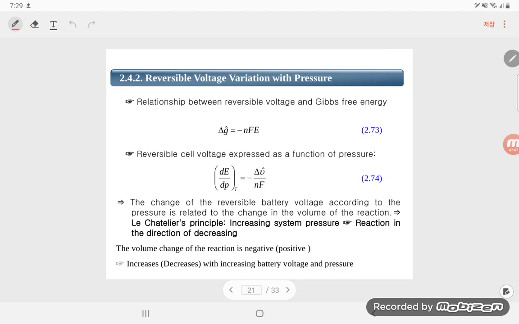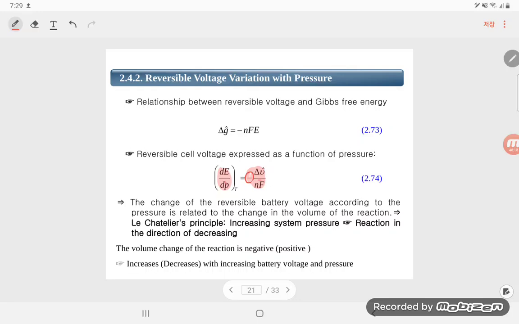And also the relationship between the reversible voltage and Gibbs free energy is this one. So when we use the reversible cell voltage, we can express the effect of the pressure like this. In here, the sign of this slope is minus, right?